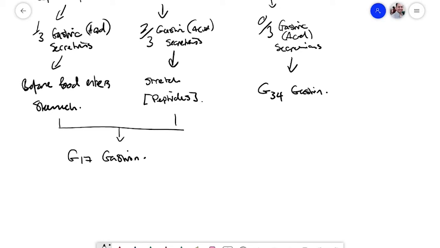So this one is gastrin, right? So I'll just put that back in properly. G17 gastrin, and this is called intestinal gastrin.